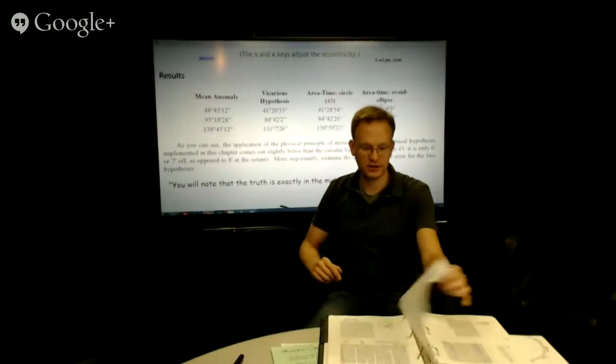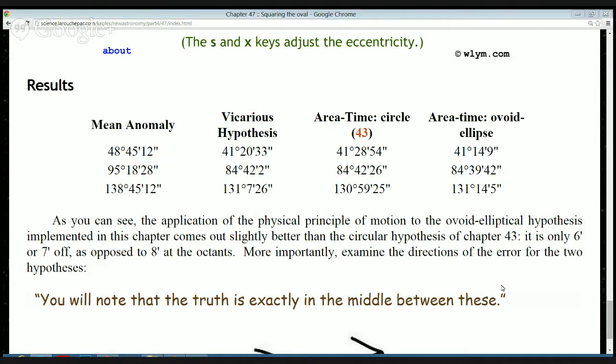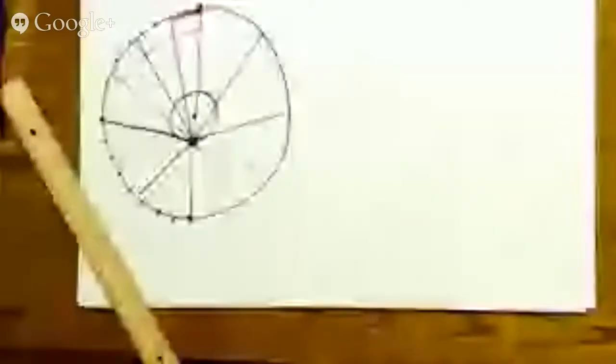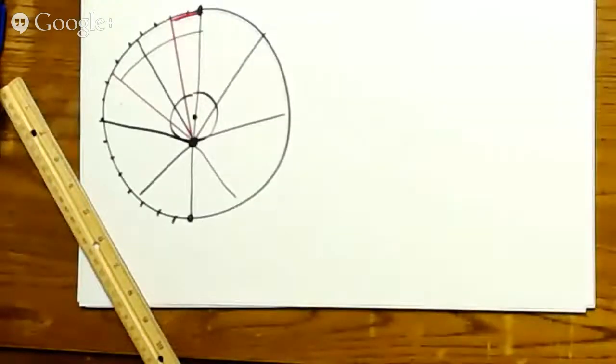I'm going to go ahead and draw that on the piece of paper over here, just so we can look at those differences. And I'll bring the numbers with me. Okay.